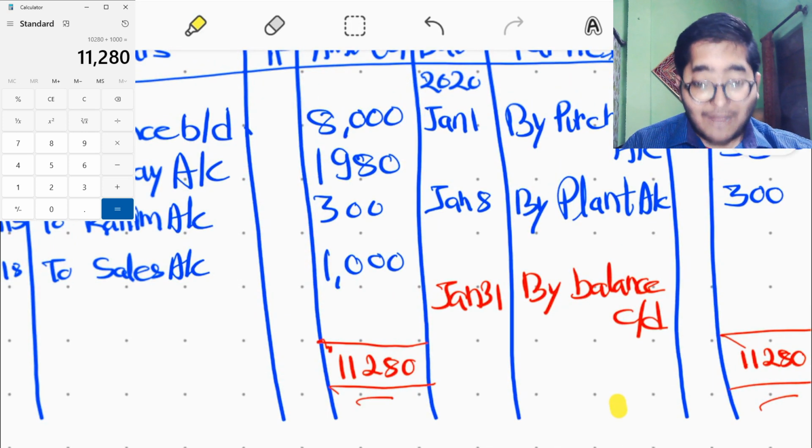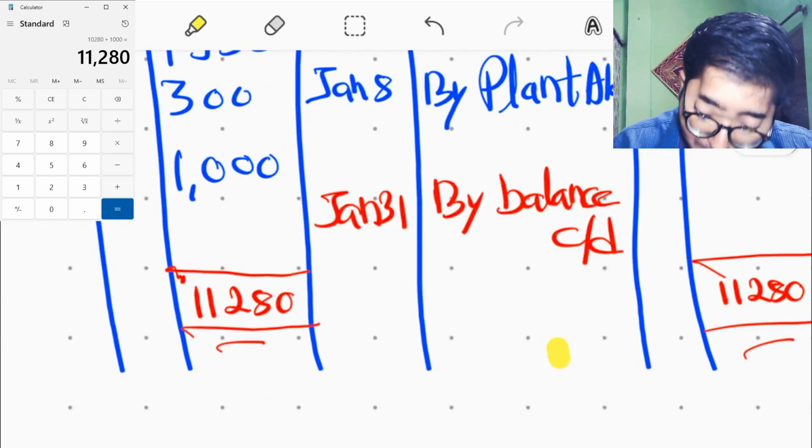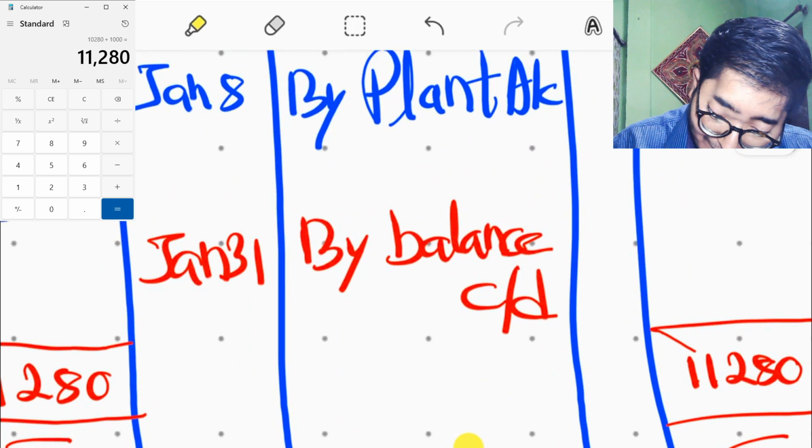When there is a closing balance. For the closing balance we write balance by balance or to balance CD, that is carried down.